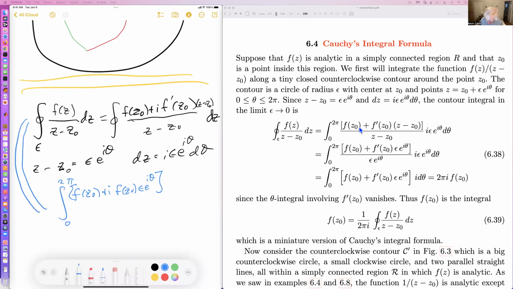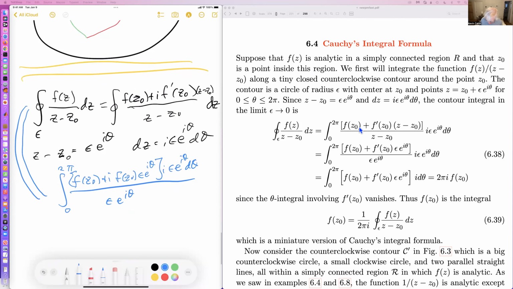All of that is multiplied by dz, which is i epsilon e to the i theta d theta, and then we divide by z minus z0, which is epsilon e to the i theta.